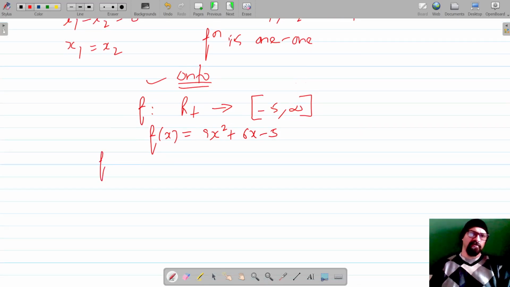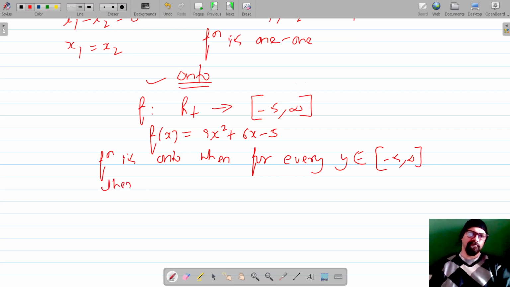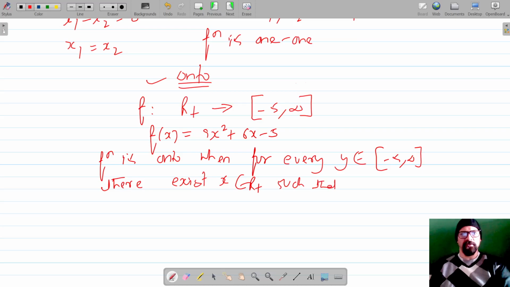So we can say that the function is onto when for every y that belongs to -5 to infinity, that is the codomain, there exists an x such that f of x is equal to y.